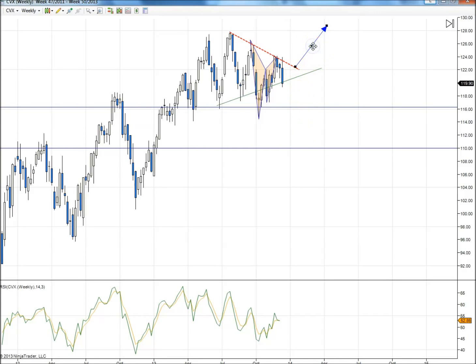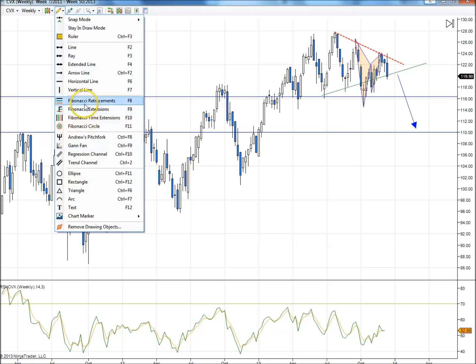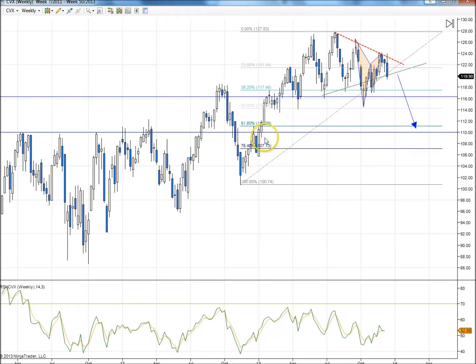If we play it to the downside, meaning if we see a break below this uptrend line, we could see a retracement back to this support area at 116, or an even deeper retracement all the way to the 110 area, which is a major shelf, major support, and also pretty much the 61.8 fib level.